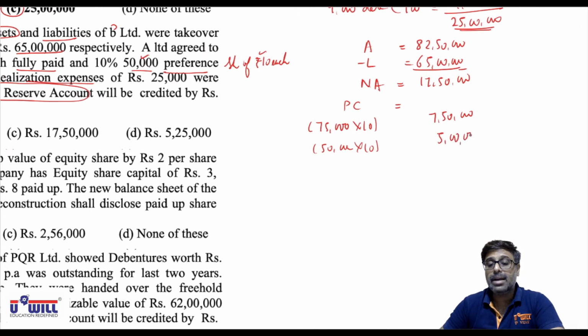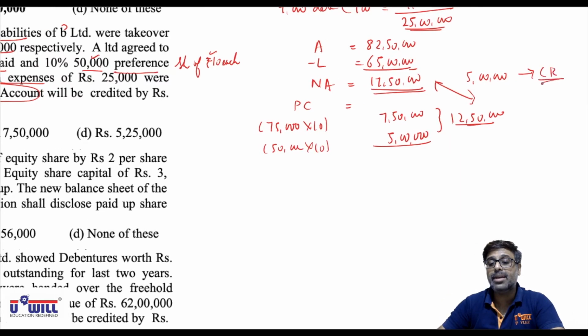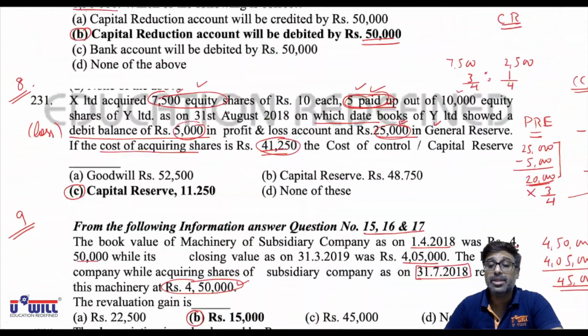Means against 17 lakh 50,000 we are paying them 12 lakh 50,000. How much less we are paying? We are paying 5 lakh rupees less, that is our capital profit, so it will be transferred to capital reserve.